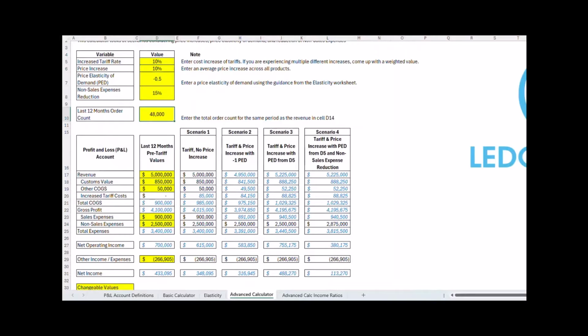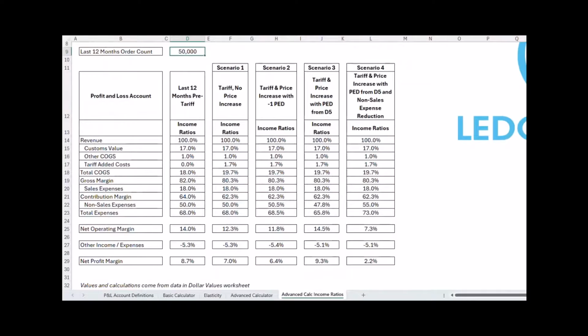Okay, one last thing you'll want to consider entering is the last 12 months order count. So I'm going to change this to 50,000. I'm saying that in the last 12 months, I've sold 50,000 orders. And this you can enter here in cell D10. If you input that number, then you can go to this page, the Advanced Calculator Income Ratios.